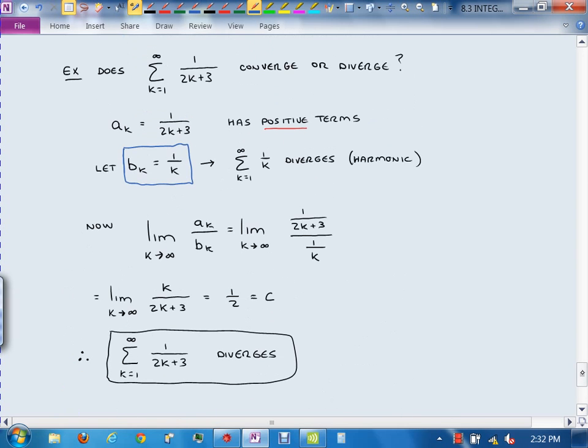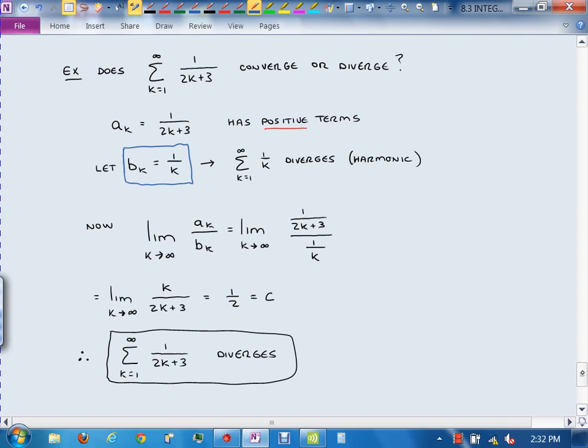So if it's not 0, then it diverges? No, if it's not 0, then they both do the same thing. So it's not 0, right? So they both do the same thing. Well, the only one you know about is this one, right? What do you know about this one? It diverged. So the other one has to diverge also.